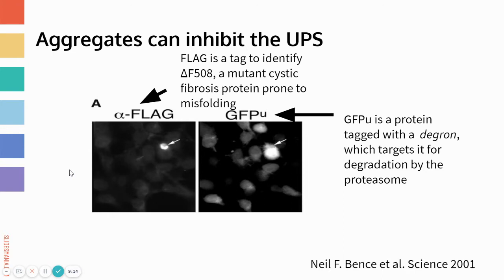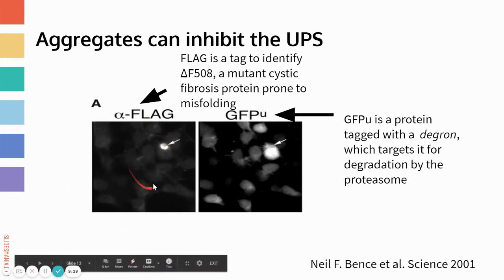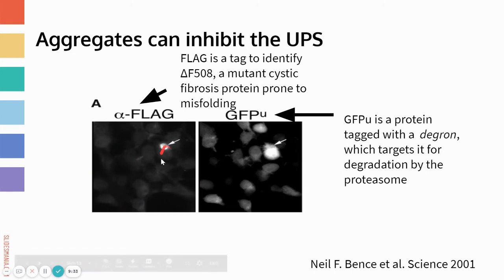And they've used a FLAG tag, which it's not really important what that tag is, but essentially it just allows us to visualize where this mutant cystic fibrosis protein is. In this panel there are a bunch of cells, and there's one particular cell that has an aggregate. You can see this bright spot, and that's all of the mutant cystic fibrosis protein aggregating in this one area. They've pointed to that cell with this white arrow.